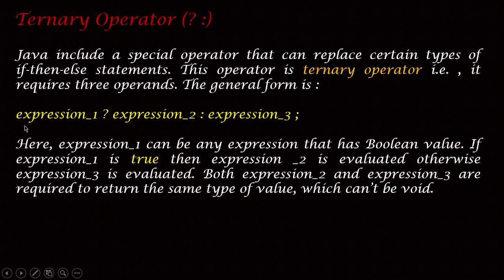But if my expression 1 is false, then expression 3 will get evaluated. One thing to keep in mind here is that both expression 2 and 3 are to return the same type of value, and this cannot be a void. Okay. So let us take up some examples.